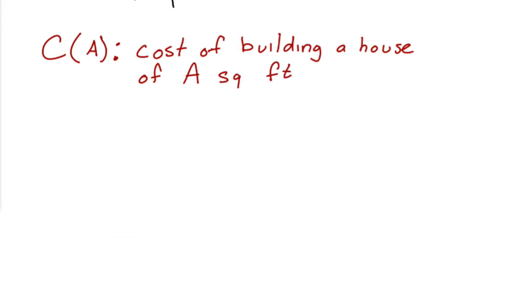I'm not going to give a specific function. All this means is that you've got this function and you plug in a number for the square footage, and this function will tell you how much it'll cost to build that house.